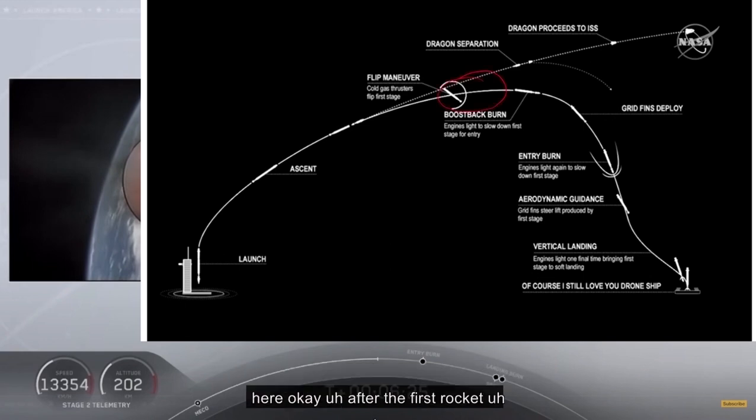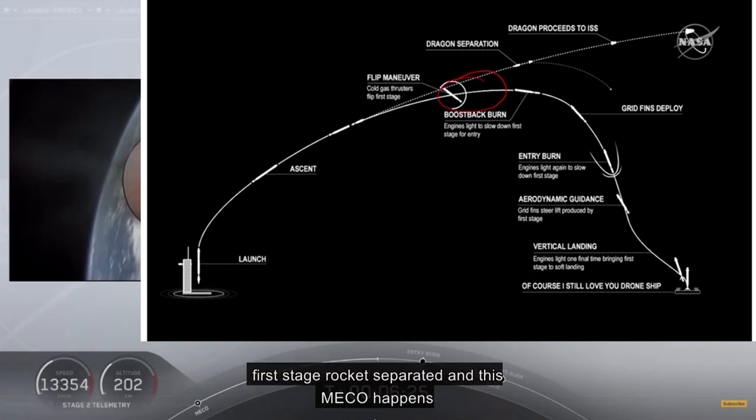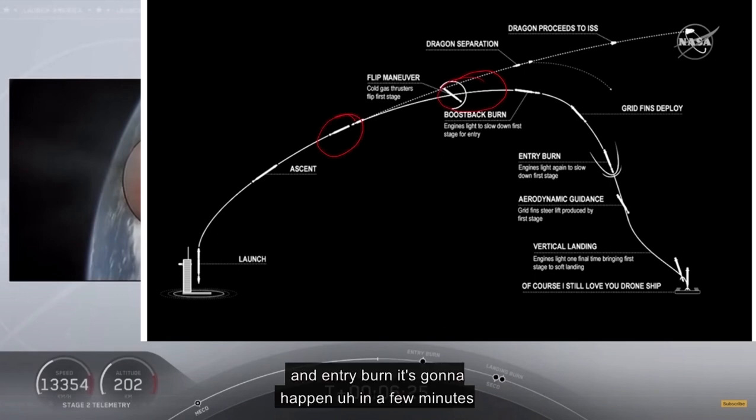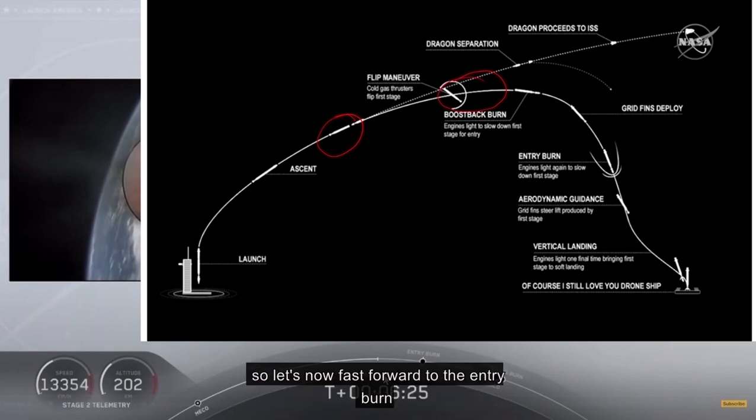Okay, after the first stage rocket separated, this MECO happens around here, and the entry burn is going to happen in a few minutes. So let's now fast forward to the entry burn.